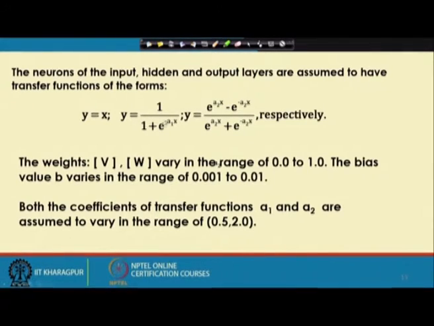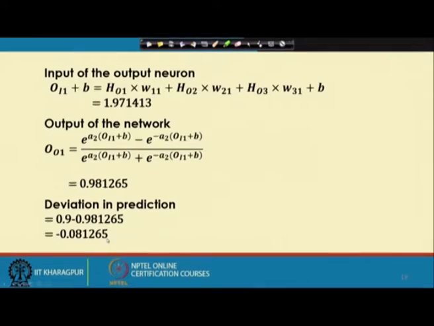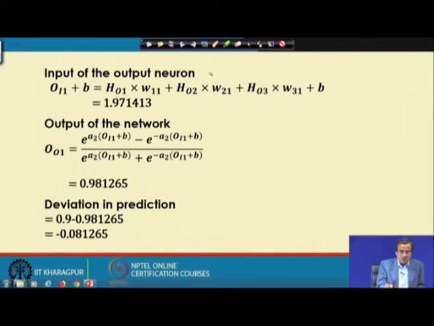If you use this expression, I can find out the output of the hidden neuron. So, using this we can find out the outputs of the hidden neurons like HO1, HO2, HO3, and once you have got the outputs of the hidden neurons, now I can find out the input of the output neuron.